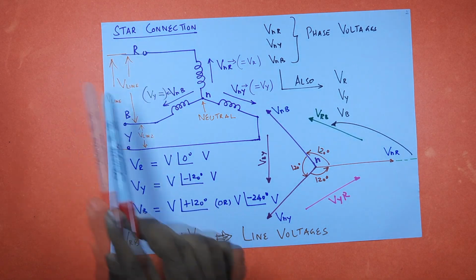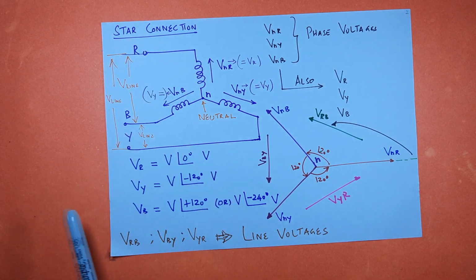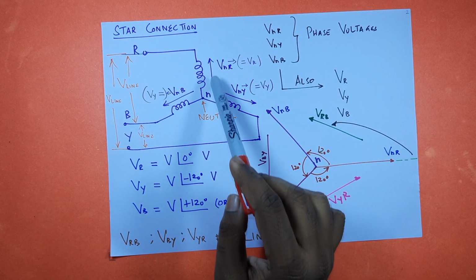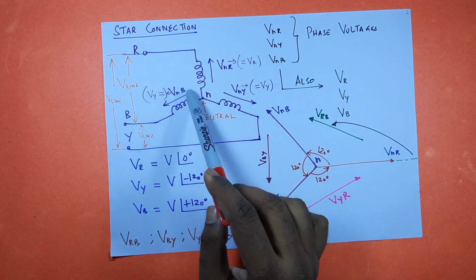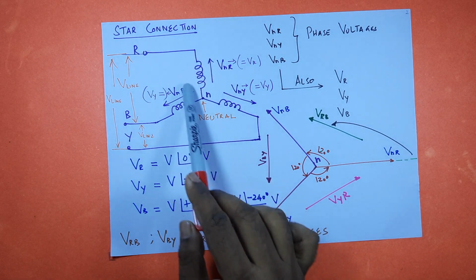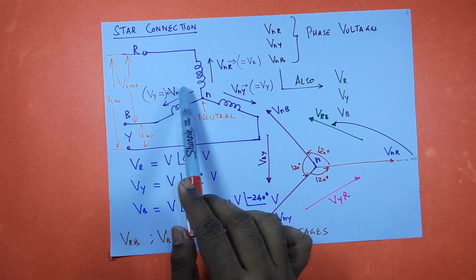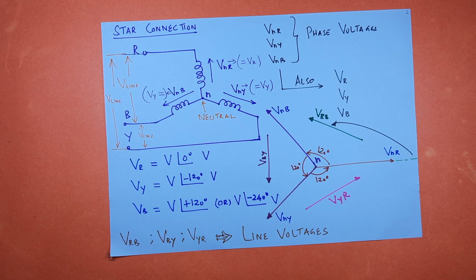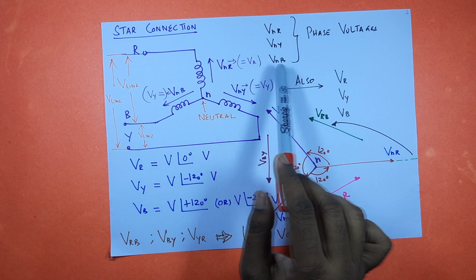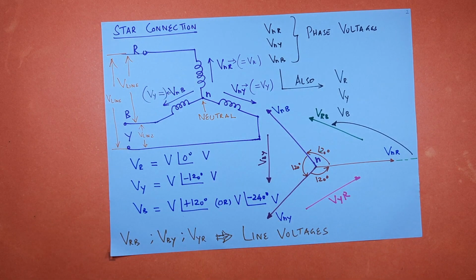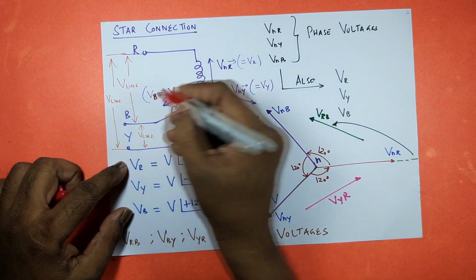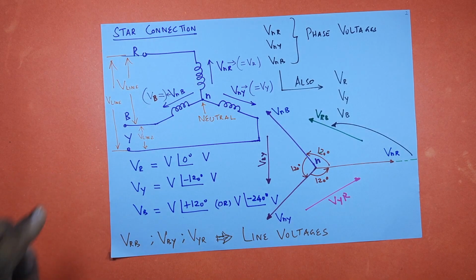This is one line, this is another line, this is another line, right? Between this neutral point and this line, these voltages are called phase voltages. Instead of showing VNR, we can write it as VR, VY. So this must be VB, I'm sorry.